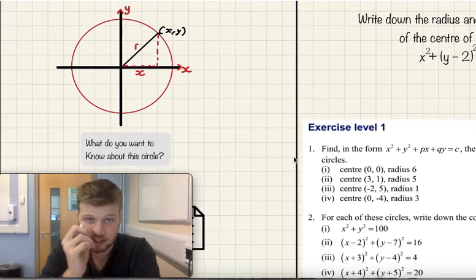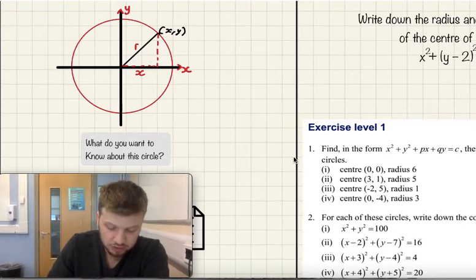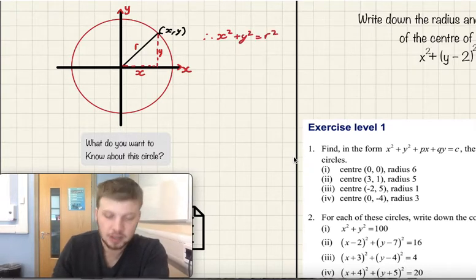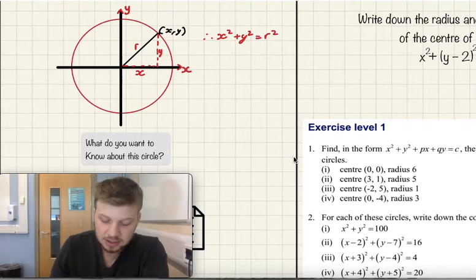The next one starts off at the origin and goes up to the y coordinate, so that's going to be y. So from here, using Pythagoras, I can deduce that x squared plus y squared is equal to r squared. And that is our standard equation for a circle which is centred at the origin.